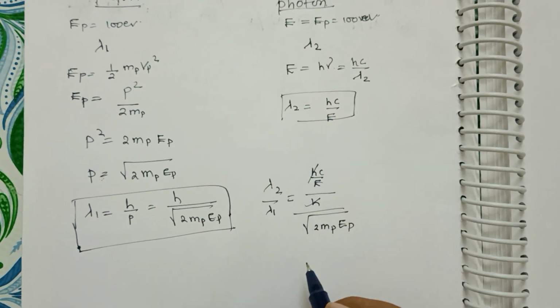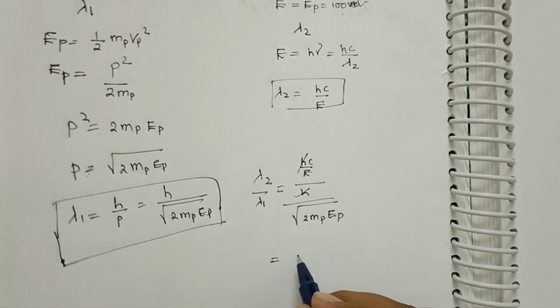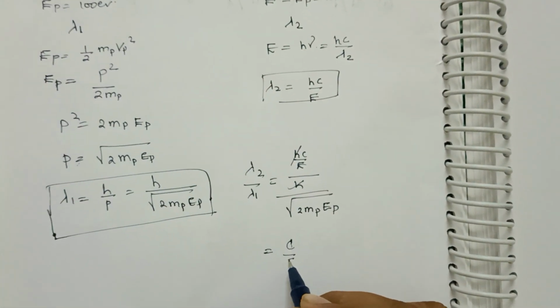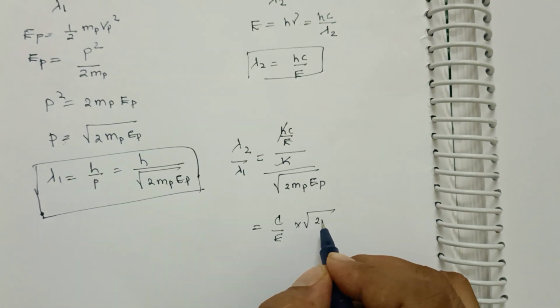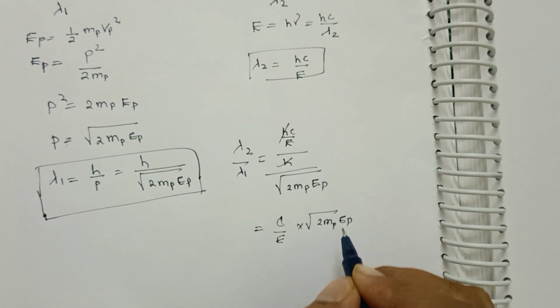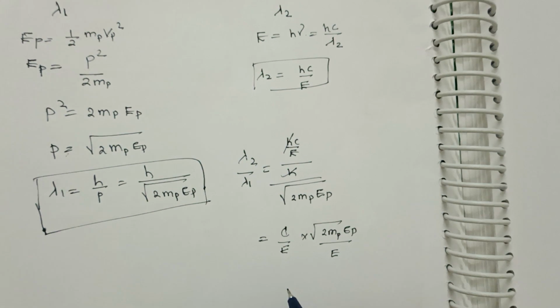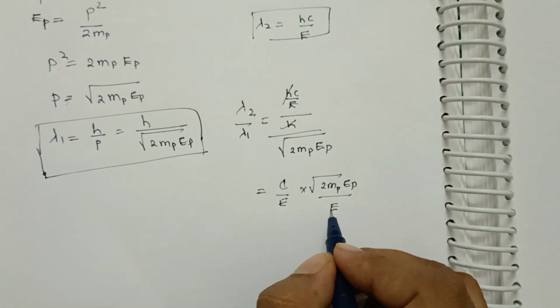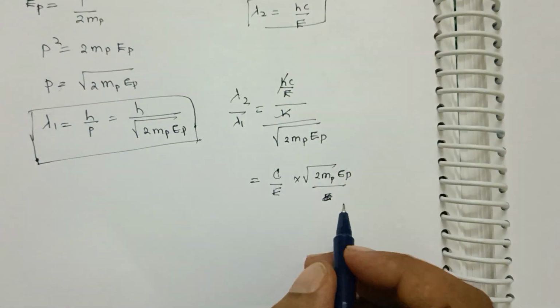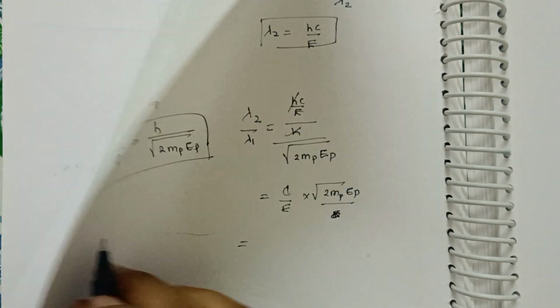So h cancels, and in the numerator you get c by E into root of 2 mp Ep by E. You will get this. So now from here, one second, E is already written here, so no need to write it again.